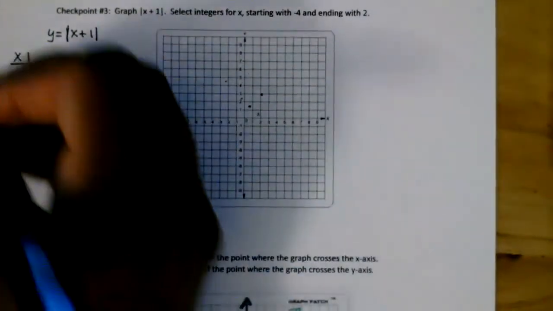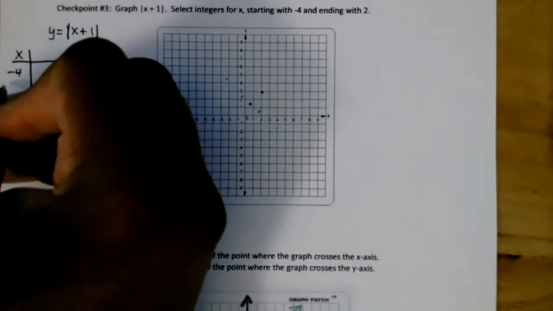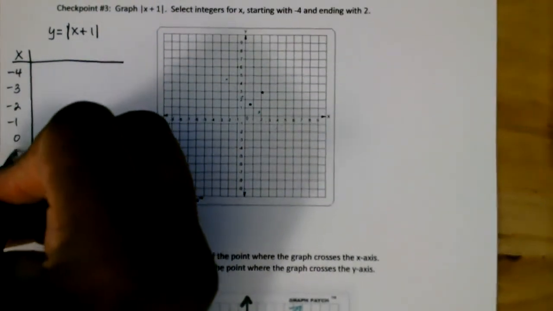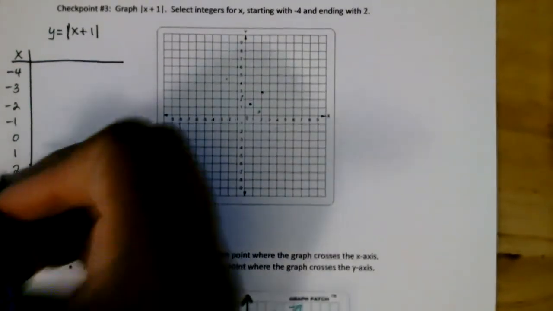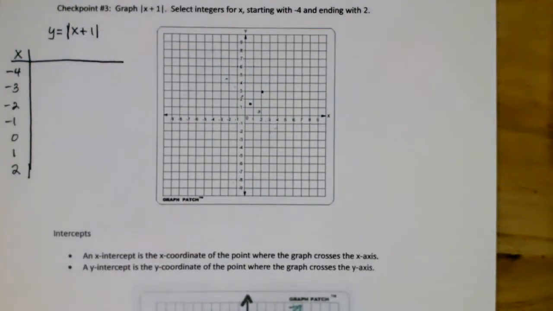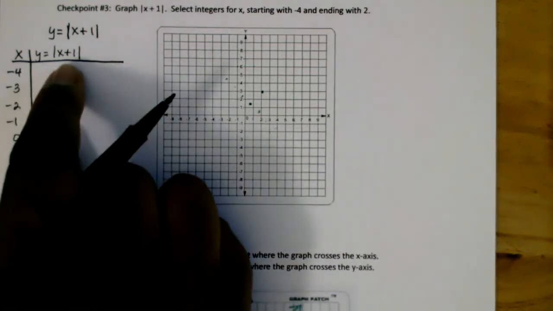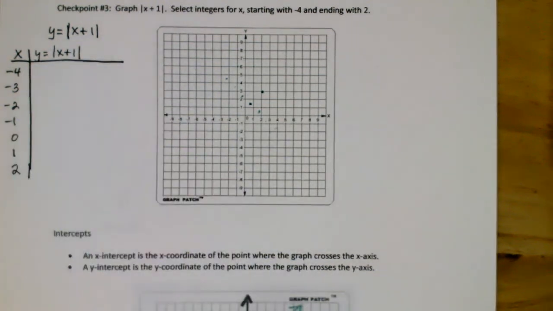So we're starting from -4, then -3, -2, -1, 0, 1, and 2, because you're told to select integers starting with -4 and ending with 2. And our y is equal to the absolute value of x plus 1. So for each x, we're going to add 1 to it, and then we take its absolute value.